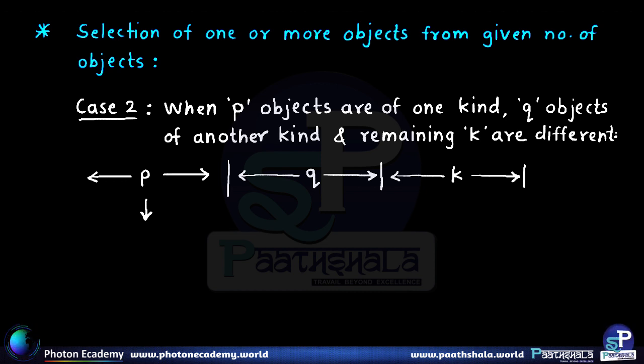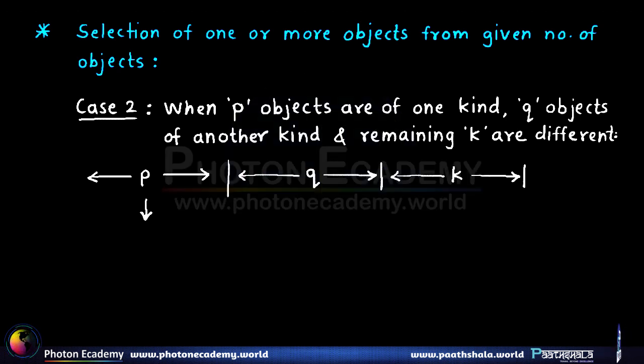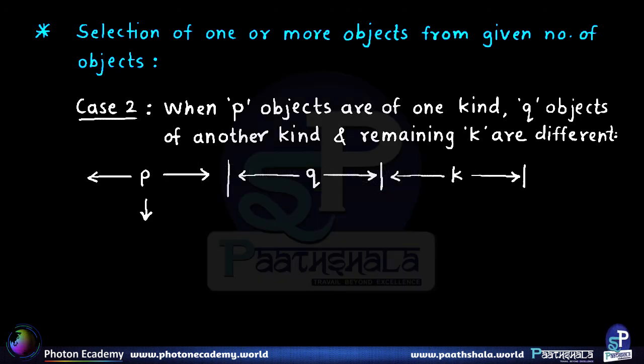We still have to consider the possibility that in the entire set of all these given objects, that is p, q and k, we don't select any object of the first set but select some of the objects from the remaining sets. So to cater for the possibility that no object from the first set is considered, we have to add 1 to the total count which we have covered earlier.